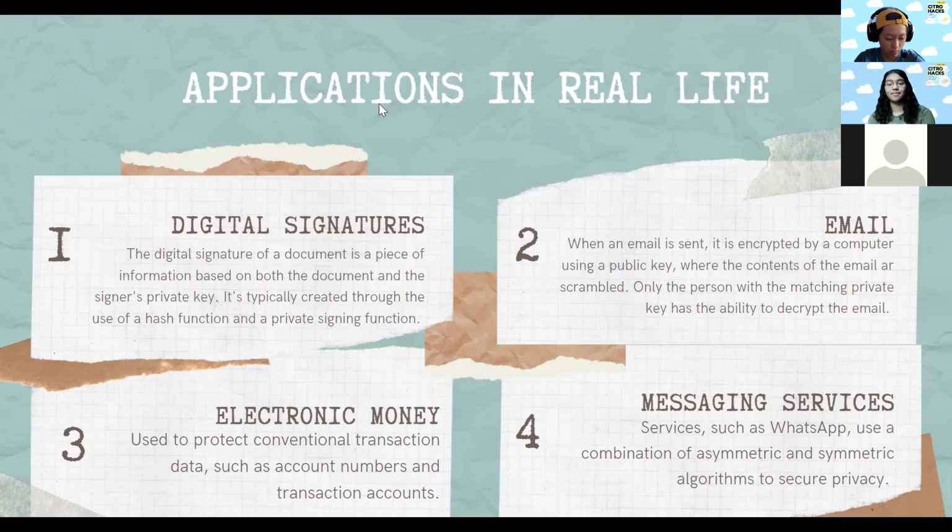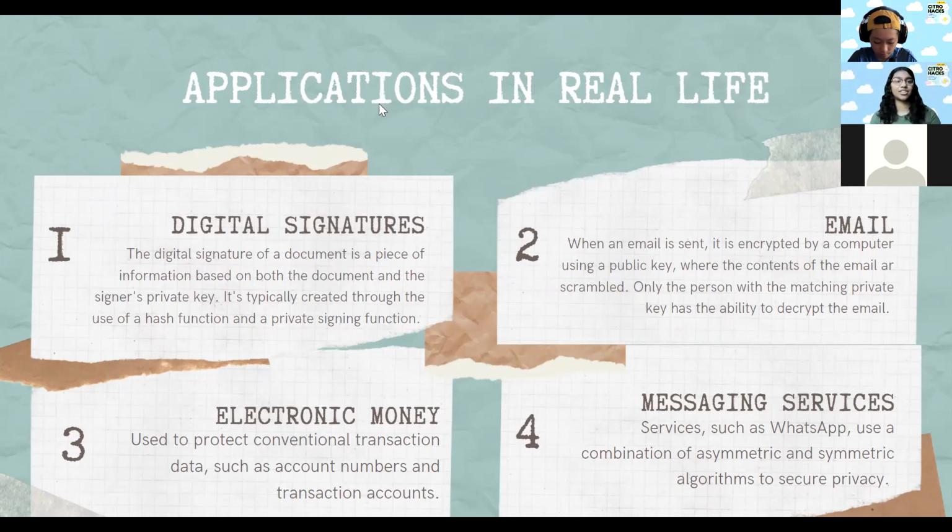And the fourth one is messaging services such as WhatsApp and iMessage, which use a combination of asymmetric and symmetric algorithms to secure privacy. This is really cool because, if you use WhatsApp, you might see a yellow text box which says this software uses secure encryption.